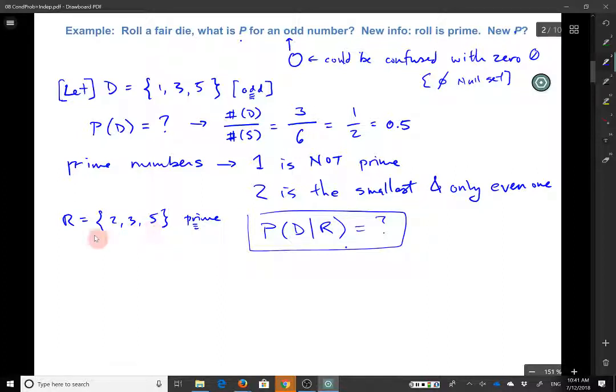So if this is our new sample space, what's the probability that it's odd? Clearly, this is odd, and this is odd. So it's really 2 out of 3, which is about 0.67. In this case, you can just spot it.